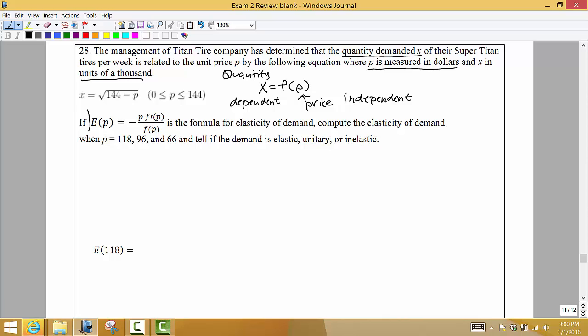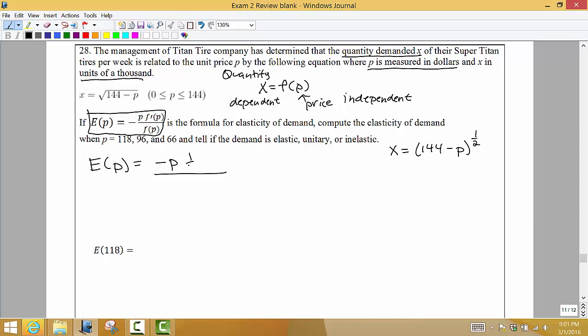We're given the formula here for elasticity, and on the test you will be given that formula. So let's first find that value. Our elasticity formula would be minus P times the derivative of our given function. I'm going to rewrite our function: X equals 144 minus P raised to the 1/2 power. I'm going to use the chain rule to compute that derivative.